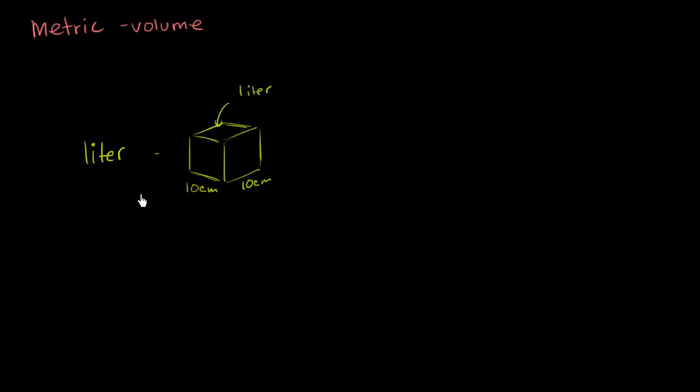Another way to connect it to our everyday lives is you've probably gone and bought, or your parents have bought, a 2-liter bottle of something. Oftentimes it's soda. Those 2-liter bottles are, as I just mentioned, 2 liters. So let me do my best attempt to draw what those bottles look like. They look something like this.